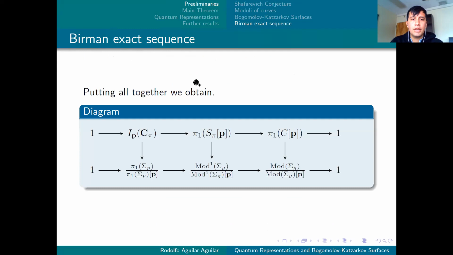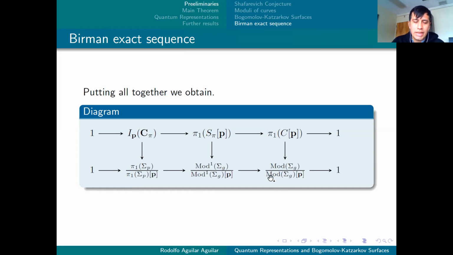Okay. So what do we obtain if we put it all together? We obtain a diagram as follows. In the first row, we obtain the short exact sequence of the Bogomolov-Katzarkov surface. And in the second row, we obtain the exact sequence that I just showed you.